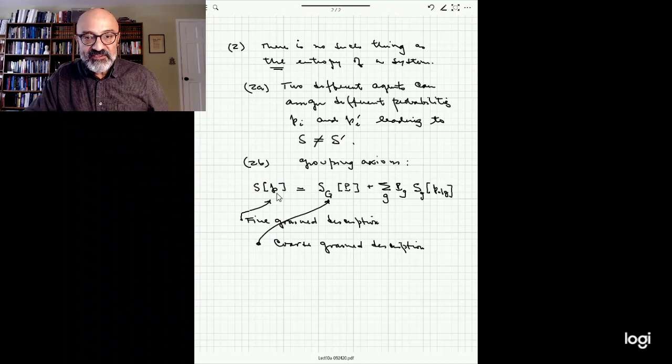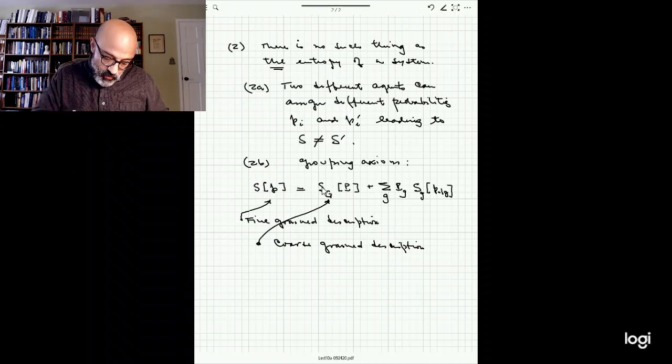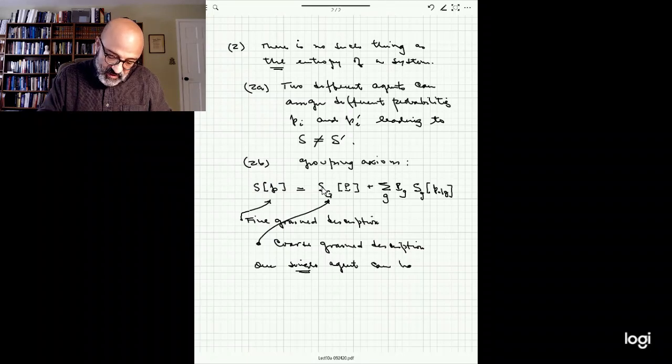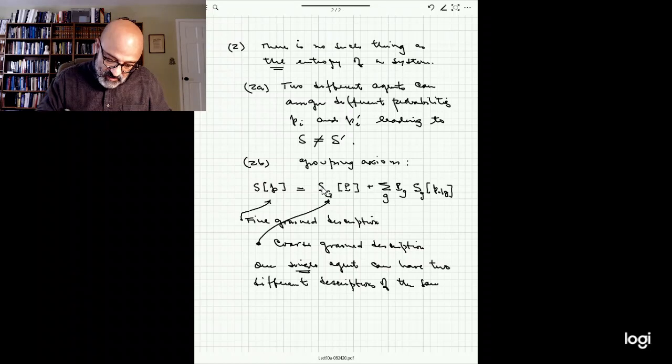The P that appears there is a fine detailed description. But they both apply to the same system. So in this case, one single agent can have two different descriptions of the same system.